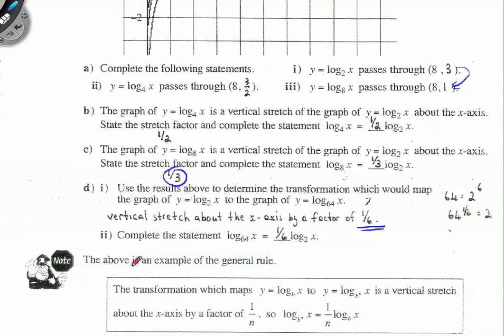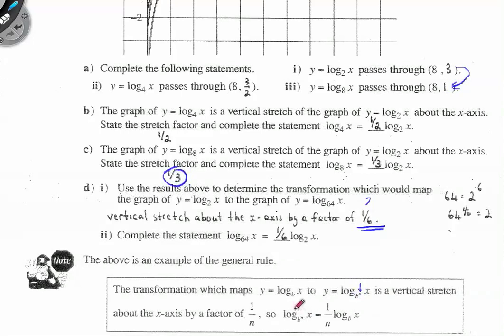So the above is an example of a general rule. When we have log x base b to the n, see the n here, it's a vertical stretch about the x-axis by a factor of 1 over n, whatever this exponent happens to be.